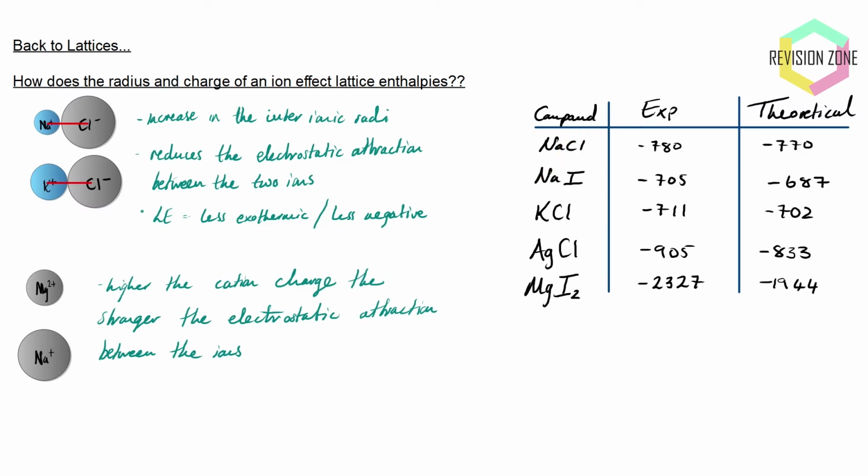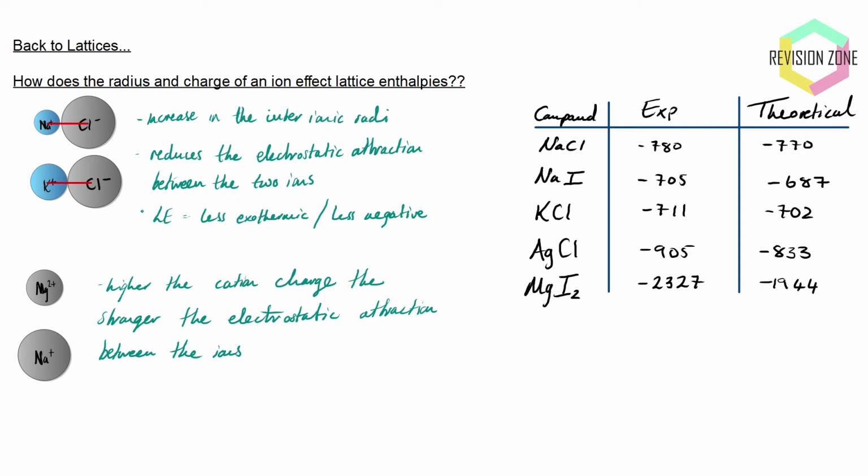The variable that's changing is the negative ion, and we can see that the lattice enthalpy has become less negative, less exothermic. So the only thing that's changing is ionic size of the anion, not charge. So that must mean that what we've got here on the left hand side holds true again.